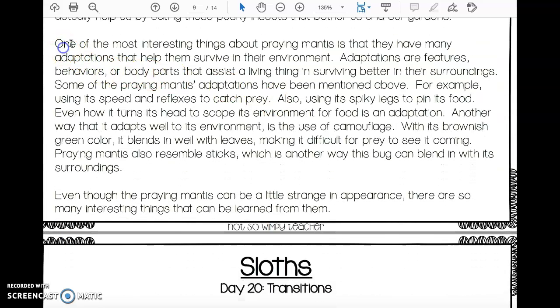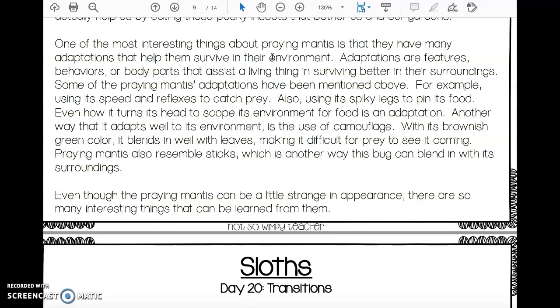One of the most interesting things about praying mantis is that they have many adaptations that help them survive in their environment. Adaptations are features, behaviors, or body parts that assist a living thing in surviving better in their surroundings. Some of the praying mantis adaptations have been mentioned above. For example, using its speed and reflexes to catch prey, also using its spiky legs to pin its food.